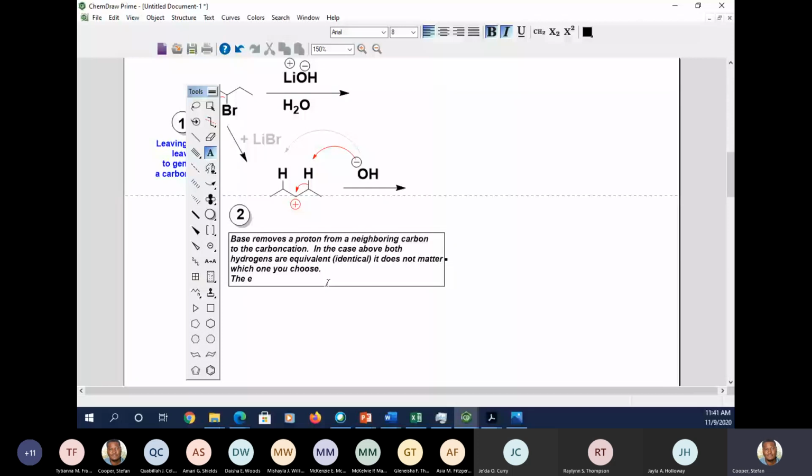The two electrons bond with carbon and form a double bond with the carbon cation. This is what's driving this step.